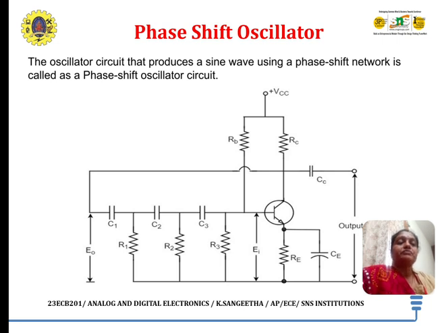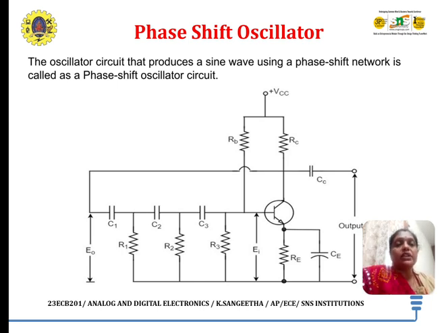Here the resistor connected in the base provides a voltage divider, and the capacitor at the collector is a coupling capacitor. The resistor RE and the capacitor CE connected at the emitter are used for frequency stability.